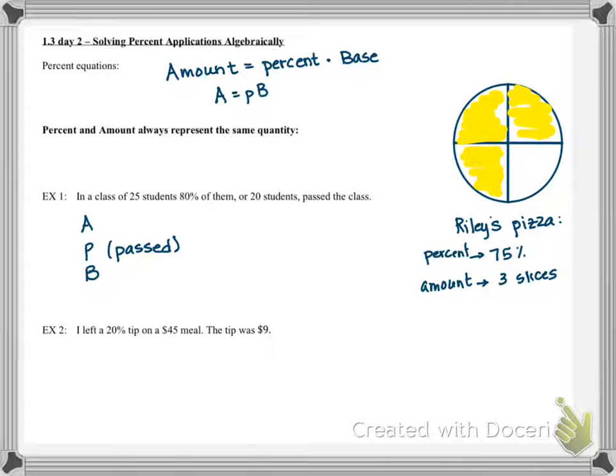And if the percent represents the portion that passed, then the amount also has to represent the portion that passed. So remembering that the amount and percent represent the same thing can help you figure out which numbers go where, because the percent's fairly easy to find. It's the only thing that has a percent sign on it, right? So if you can figure out what that represents, then you can say, okay, do I know how many people passed? 20 people passed, and so that has to go here.